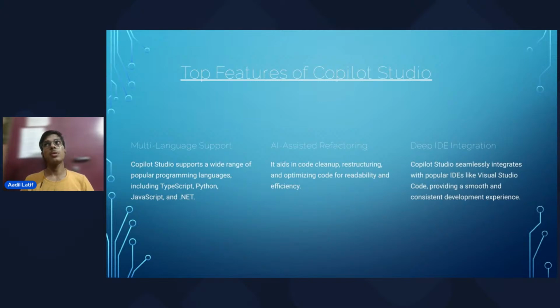So it provides an AI-assisted refactoring tool, and by this we can use automated refactoring. We can leverage AI to automate refactoring tasks, such as renaming variables, extracting methods, or reorganizing the code structure.